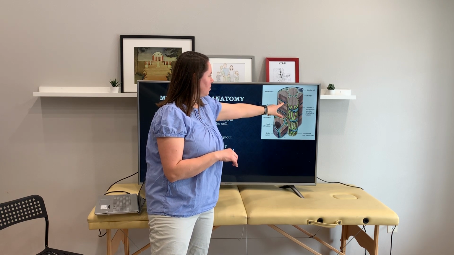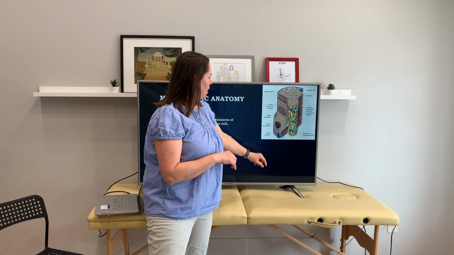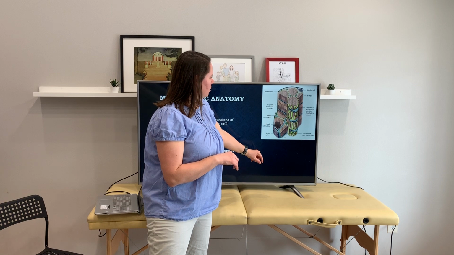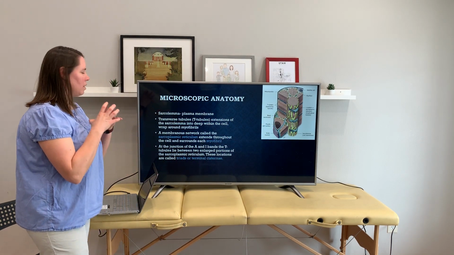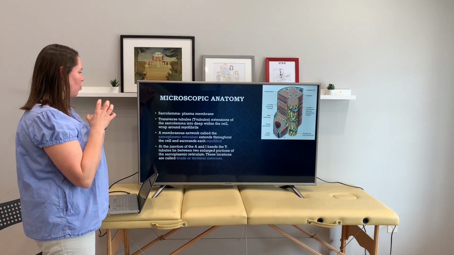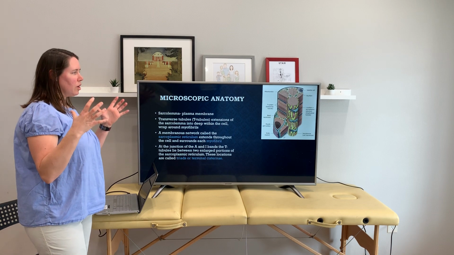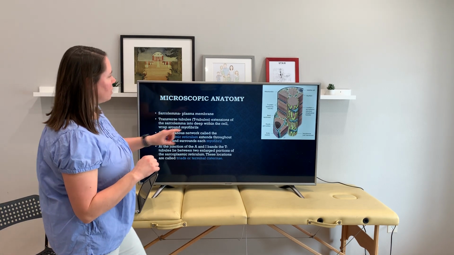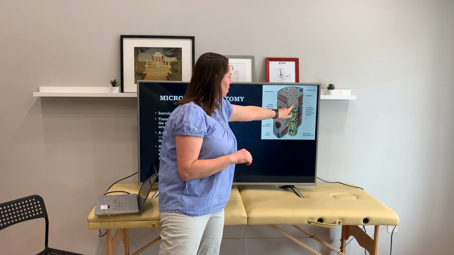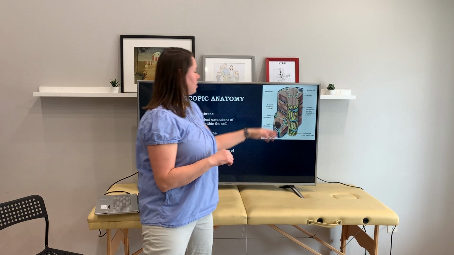Once you're in here, this is called your T system. You have these transverse tubules here, and you also have the cisterns where those expand, in large portions of the sarcoplasmic reticulum, which you can see in here. That's the green part that's more longitudinal, while these are transverse.